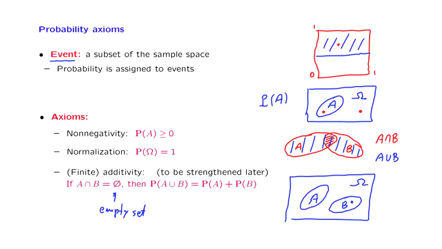This is called the additivity axiom. So it says that we can add probabilities of different sets when those two sets are disjoint.